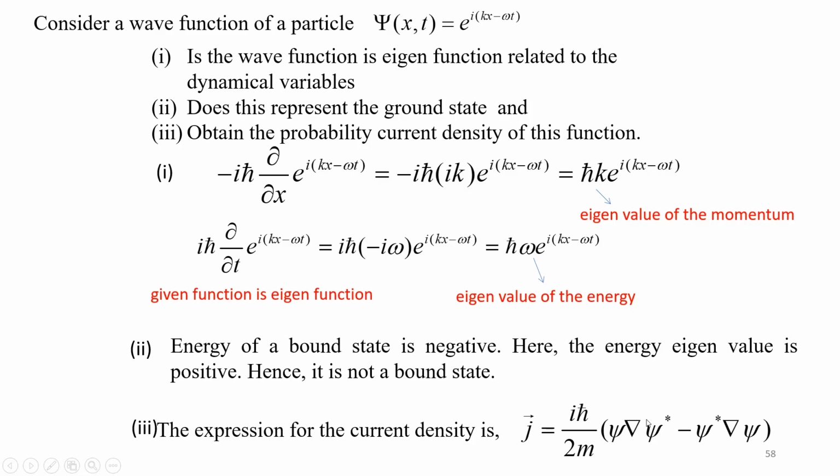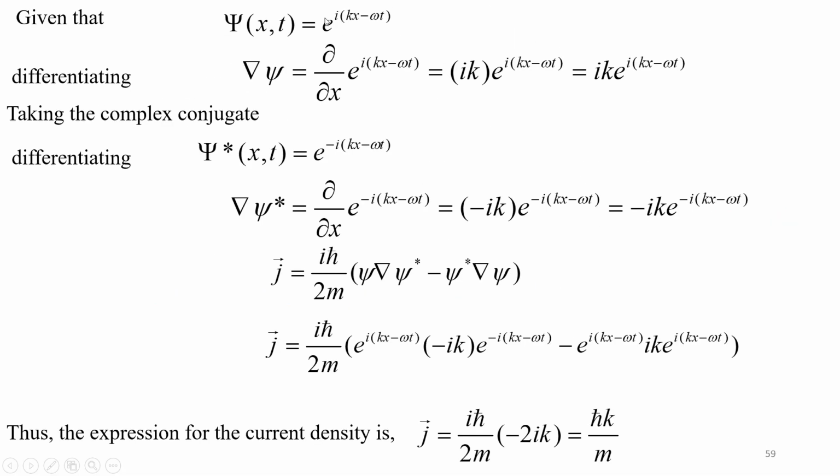Now we know that ψ is given by this expression, and you differentiate with respect to x. That will give you d/dx of e^(i(kx − ωt)), which is equal to ik e^(i(kx − ωt)). Now take the complex conjugate.